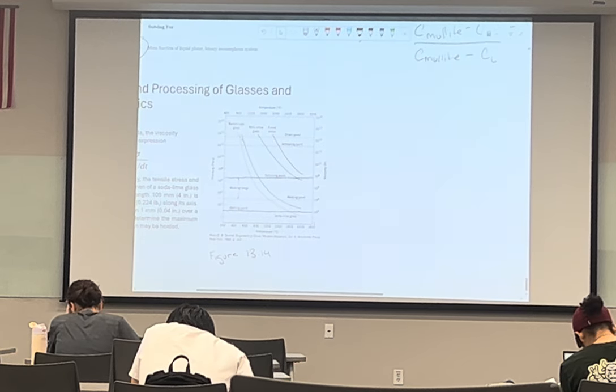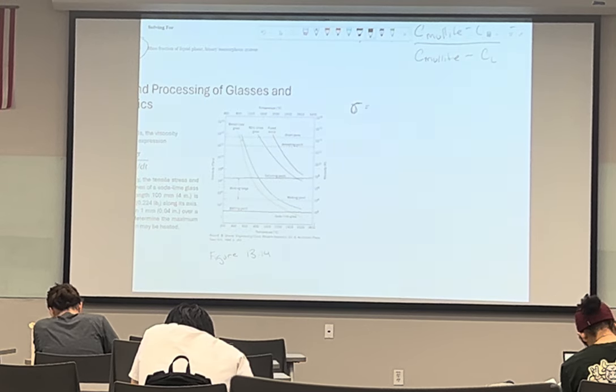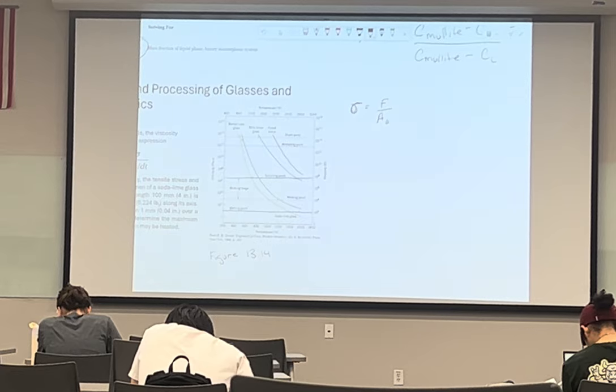So the first thing that we should try to calculate is the stress. And as we know, stress is just the force over the cross-sectional area.